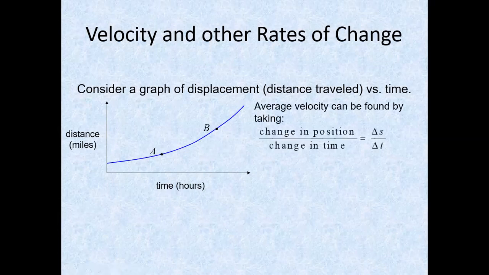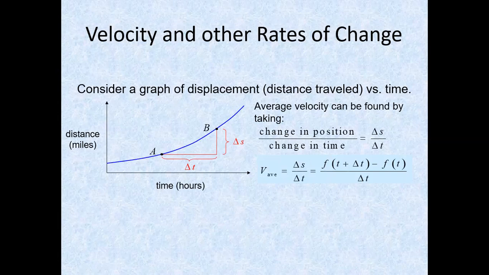The average velocity can be found by taking the change in the position of a and b, the change in distance delta s, and change in time delta t. So we can say that we have a run with respect to time delta t, and we have a rise with respect to the position function, that is delta s.